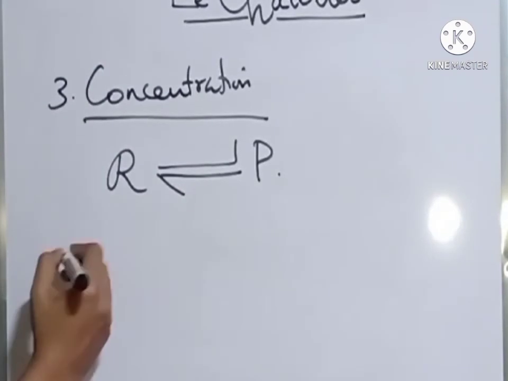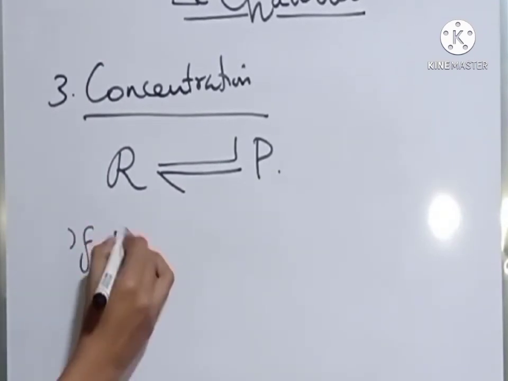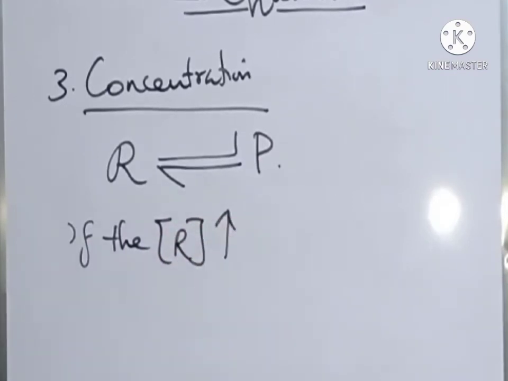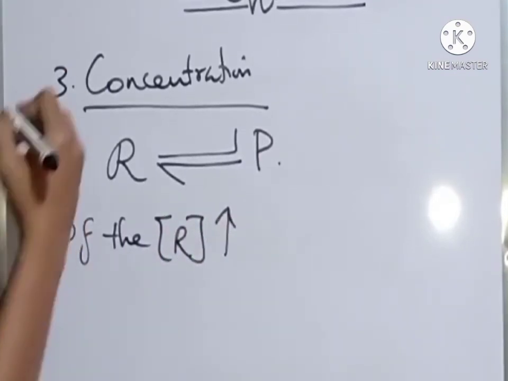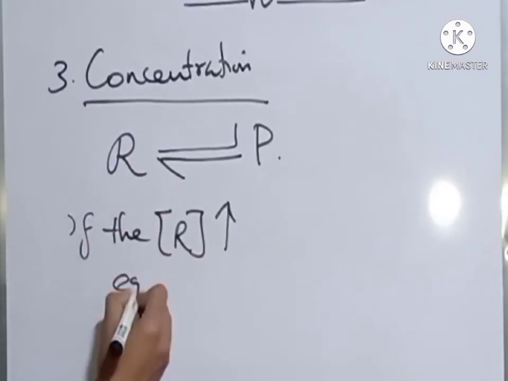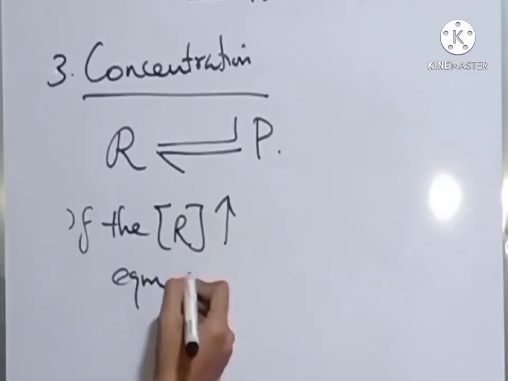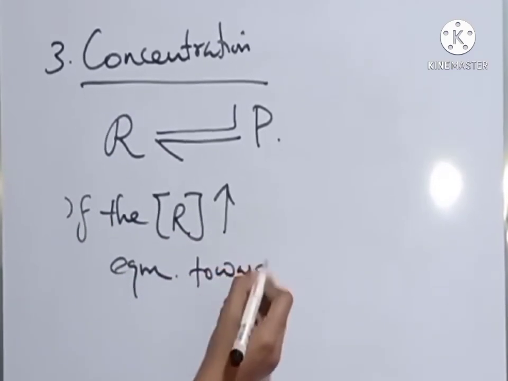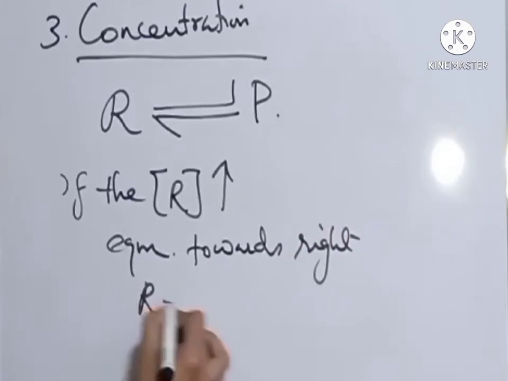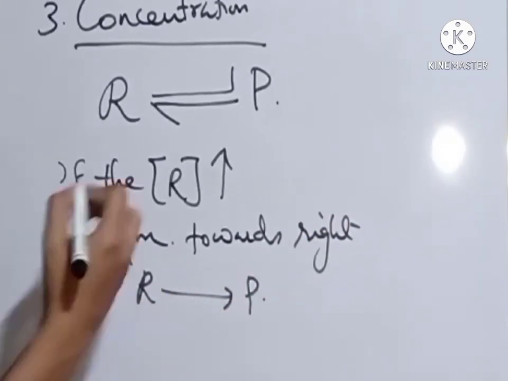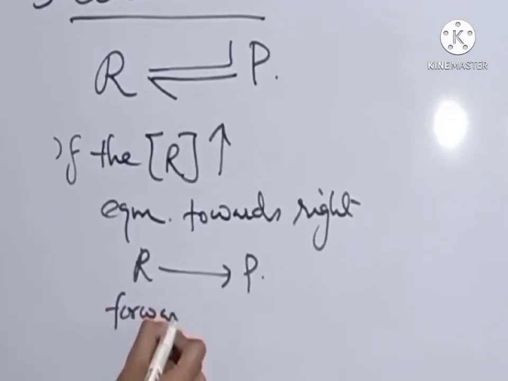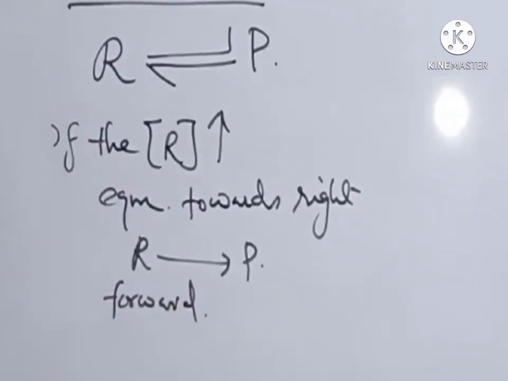For example, if the concentration of reactant increases, then the equilibrium reaction shifts towards the right, that is, reactant to product. This is the favored reaction. The forward reaction will occur at a faster rate.